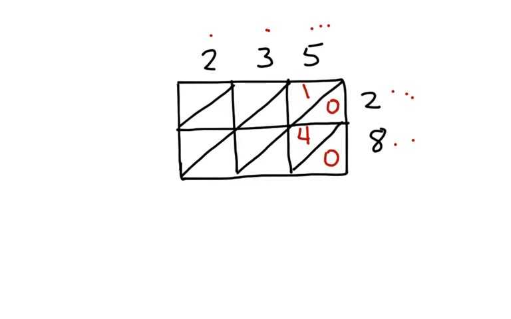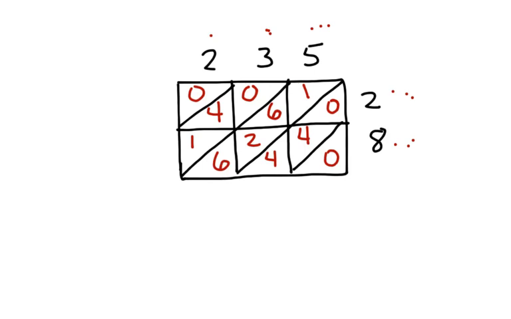Well, how am I supposed to write 6? Remember, that would be like a 0 in the tens column and a 6 in the ones column. And then when we do 3 times 8, we get 24. And then 2 times 2 is 4, so we're going to do 0, 4. And 2 times 8 is 16.